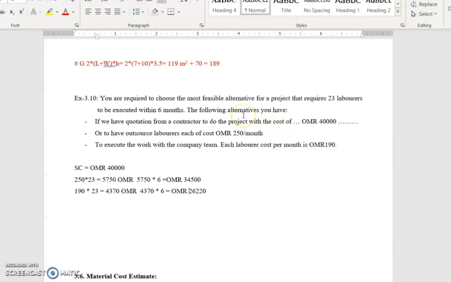So which one is the best alternative? Sure, you will say that this one is the best alternative, but the case is not like that. It's not as easy as you can see it here.